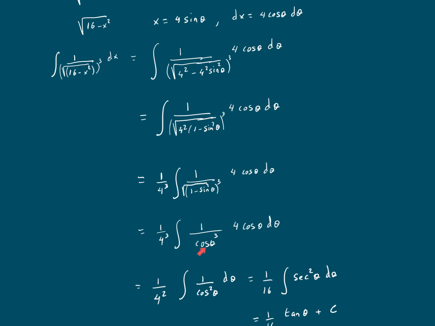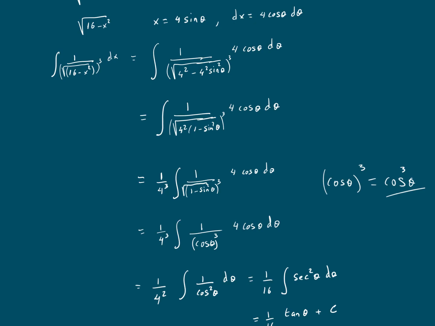So let me write it like this, cosine of theta cubed, and remember that cosine of theta cubed is the same thing as cosine cubed of theta.